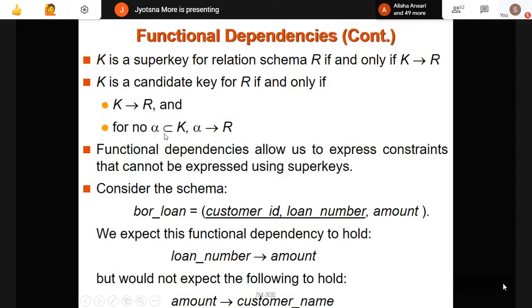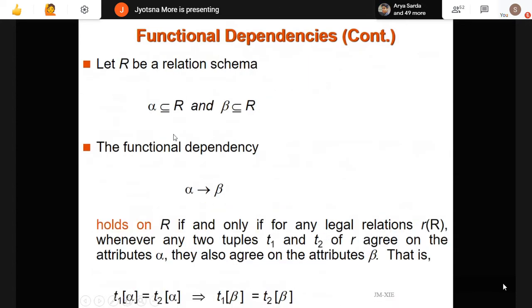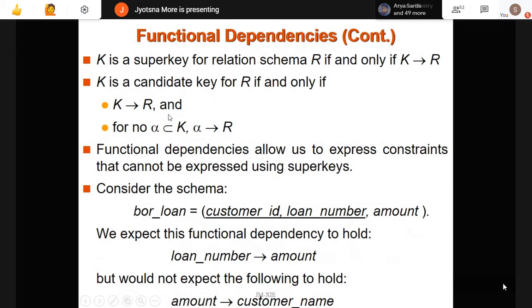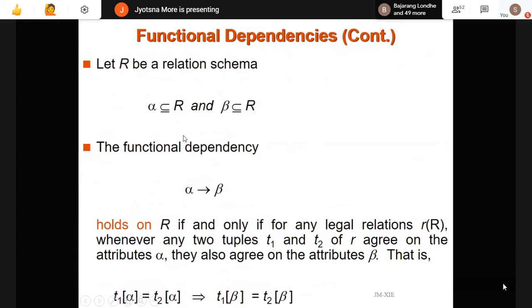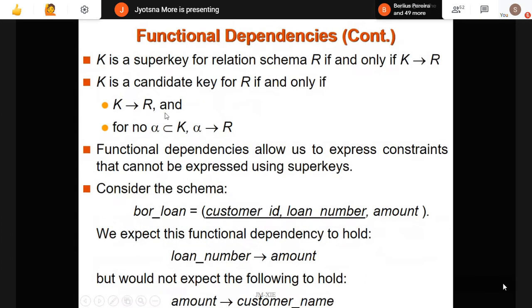What is this notation? Anyone knows this notation? Anyone? Subset. Yeah, subset is this notation. It is also a subset, but a different type of subset. It is a proper subset, where the line below is not there. This is an actual subset, and this is a proper subset.